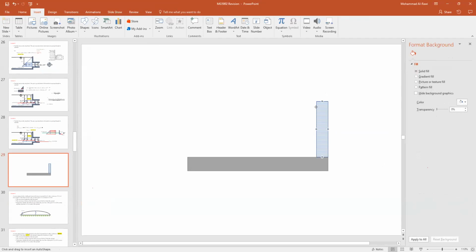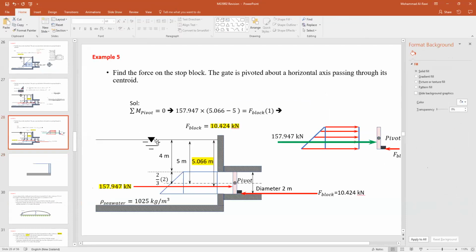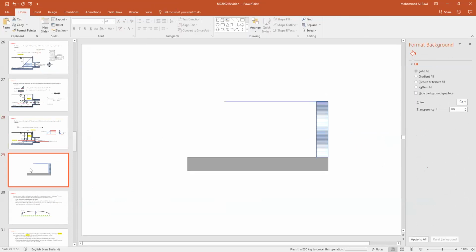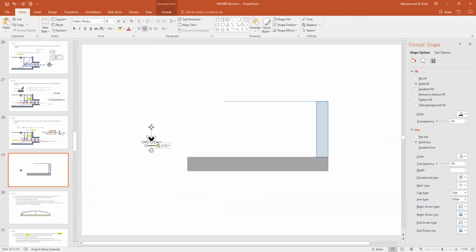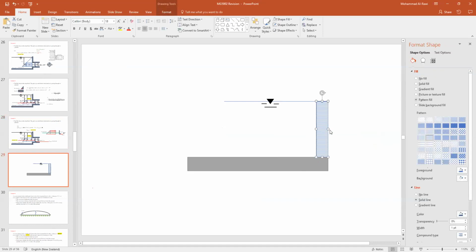Let's do this scenario by scenario. I'll copy and paste it. Okay, so this is the gate, and this is a fluid in it.